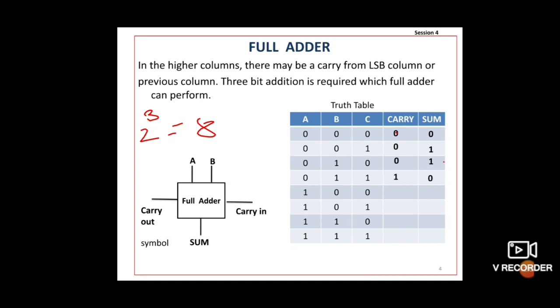Now here 0 plus 1 is 1, 1 plus 1 is 10, means 0 is sum and carry is 1. Now here 1 plus 0 plus 0, carry is 0, sum is 1. Now next is 1 plus 0 plus 1, 1 plus 0 is 1, 1 plus 1 is 10, means sum is 0 and carry is 1.